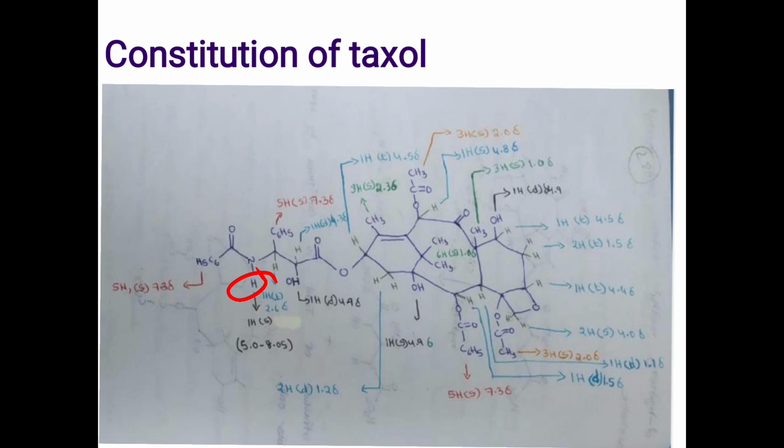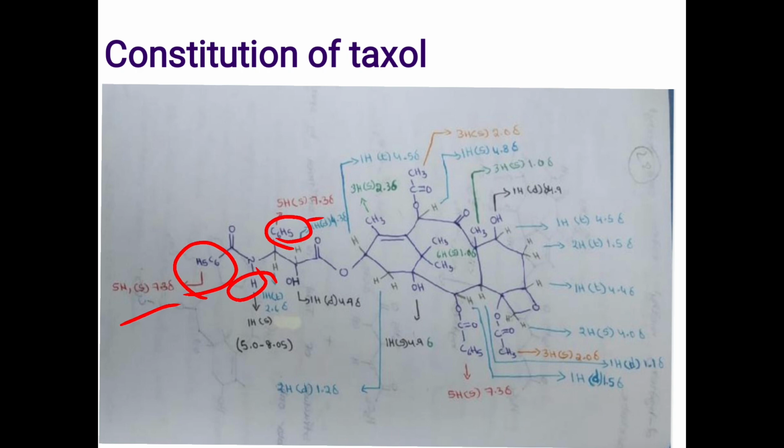The protons in the benzene ring are all equivalent, so they show a singlet at 7.3 delta.